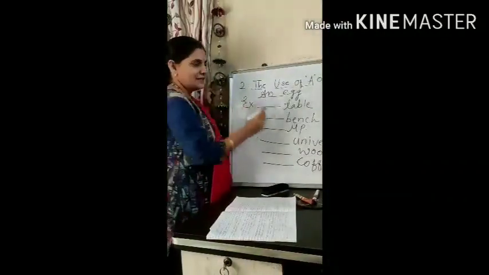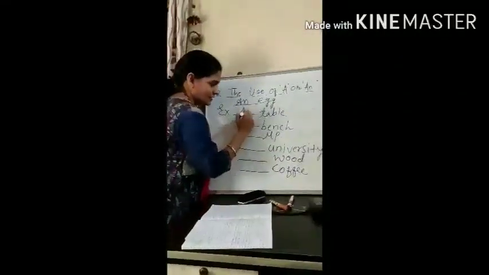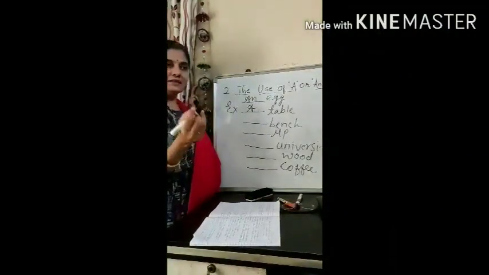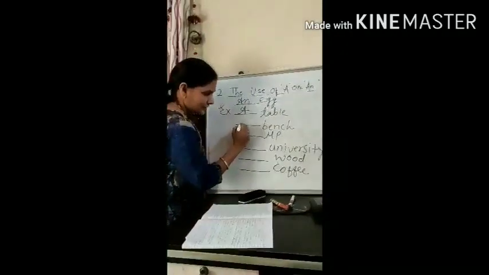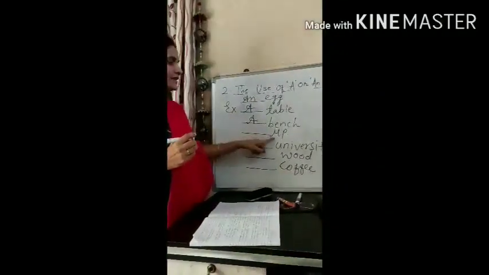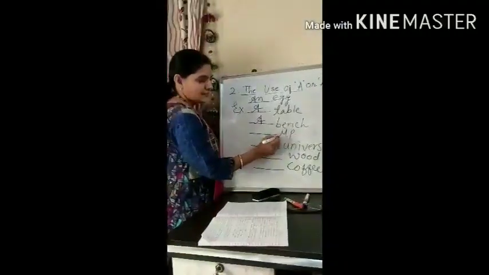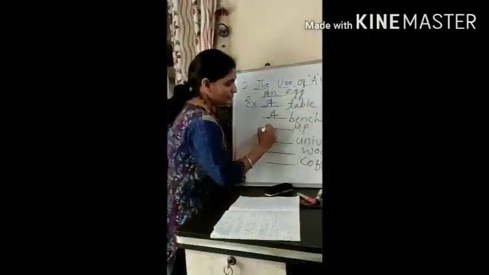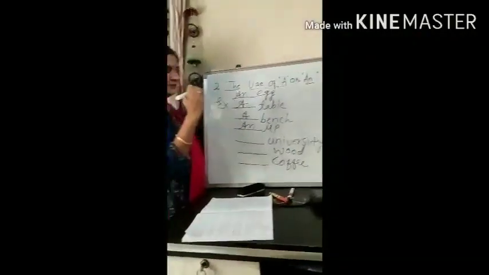Table. T is a consonant, so we use a table. Bench. B is a consonant, so we use a bench. MP. Though it is a consonant, but it makes a vowel sound. MP. So we use an MP.